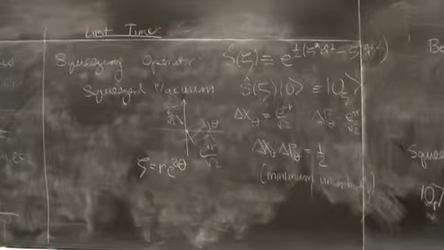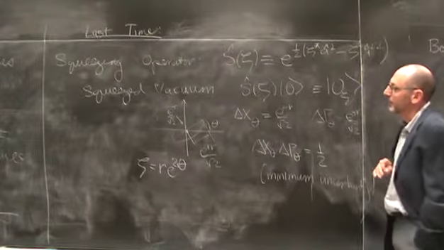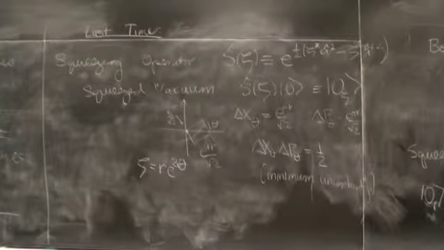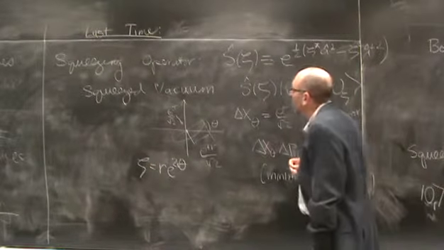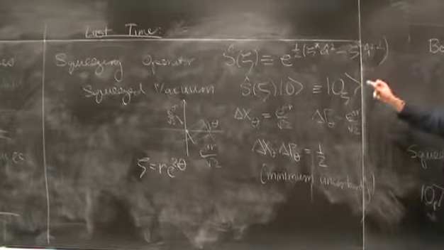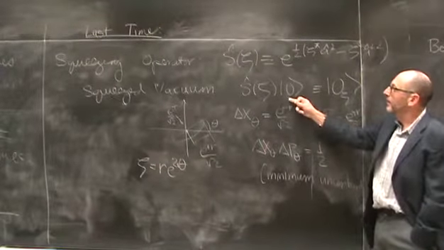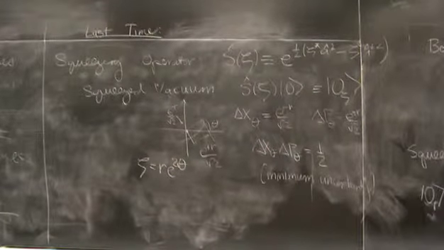And so we'll talk about that perhaps a little bit later in this lecture. So the state that one obtains, the state of a single mode harmonic oscillator that is obtained by operating on the ground state of the harmonic oscillator with the squeezing operator, is what we call squeezed vacuum. Okay?